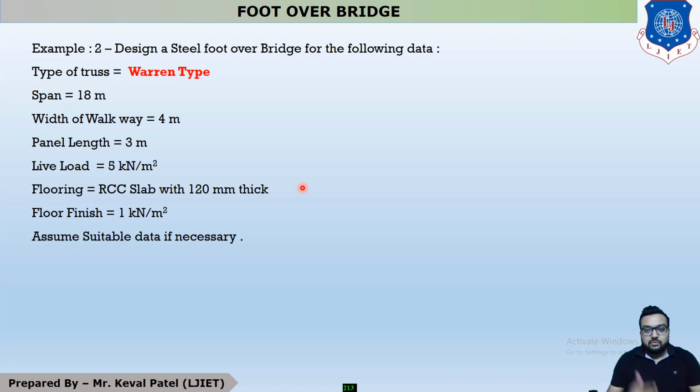Now our step number 15, which is our last step, is the design of joint. Design of joint basically means we have to design, at each junction, how many bolts are there. So we have to find out bolt values.